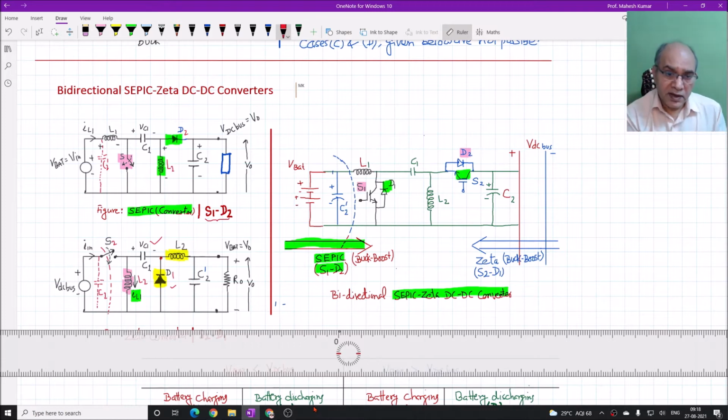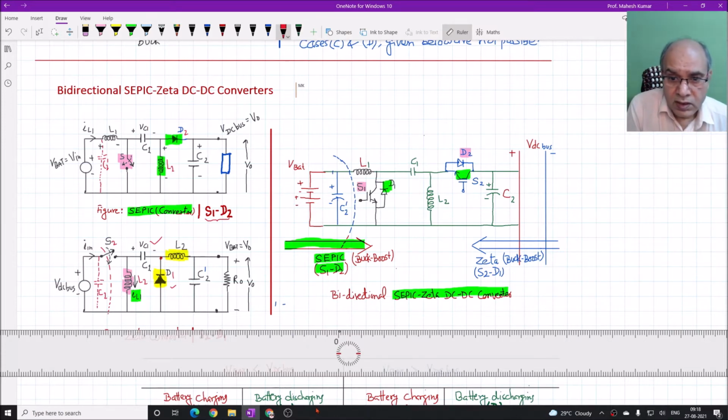So if you look from the receiver side, the topology with the switch combination of S2 and D1 operates in zeta converter mode, or zeta buck boost converter mode. Okay, so this is a more generalized bidirectional DC to DC converter and is employed in microgrid operations with storage.